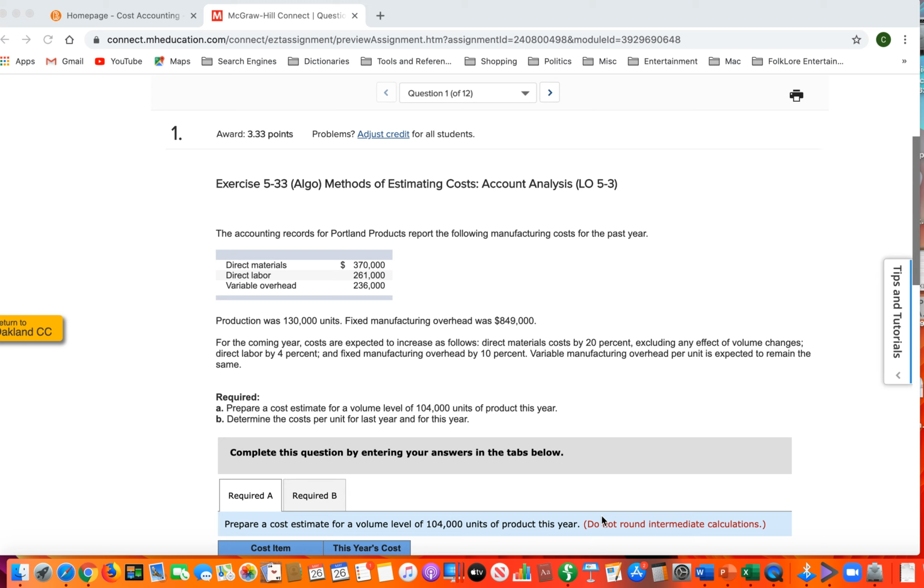That's 217,152. And then 236,000 times 0.80, or 80%, equals 188,800. Add all those together: 355,200, the 217,152, the 188,800, plus the fixed cost of 933,900, because don't forget it went up by 10%. Add all of that together.